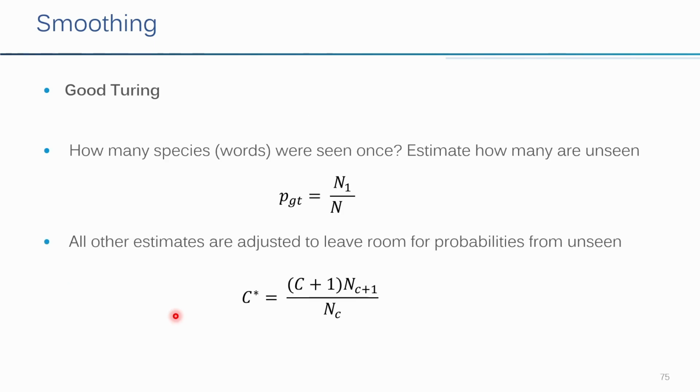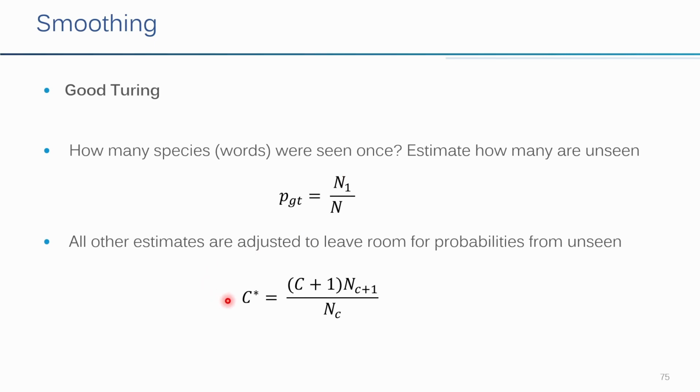Okay? And how are we doing this? When you're using Good-Turing, pretty much we look at the probability for the elements that we've seen just once over all the elements that we have, the entire count in our data set.